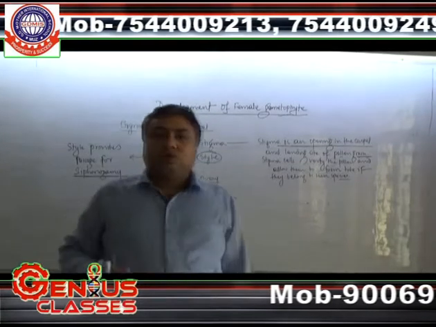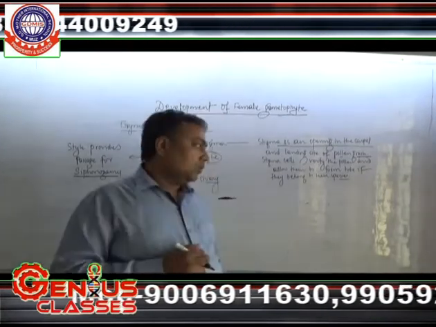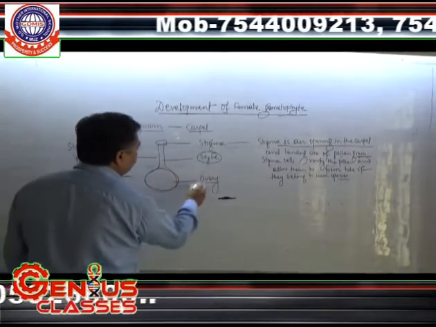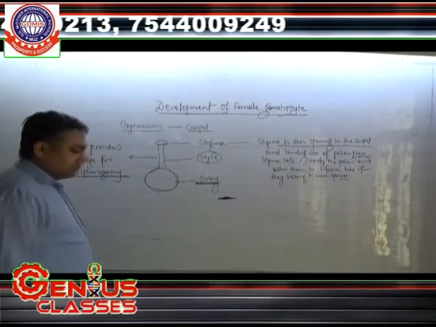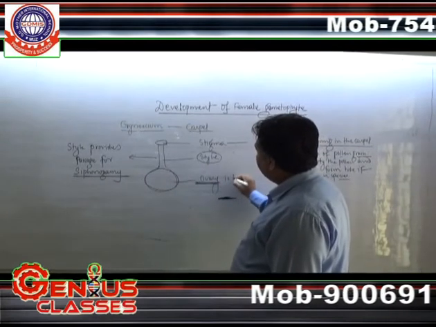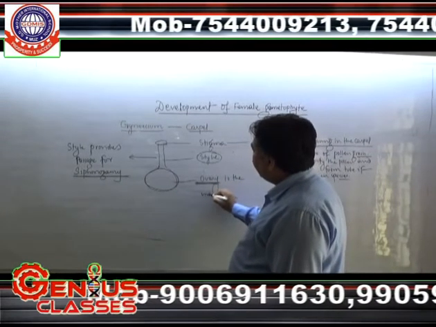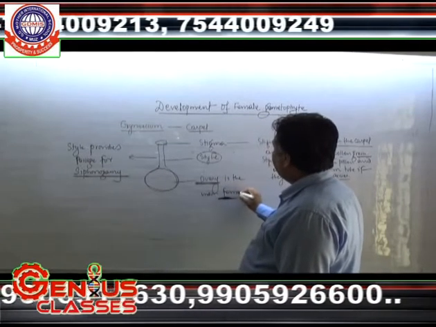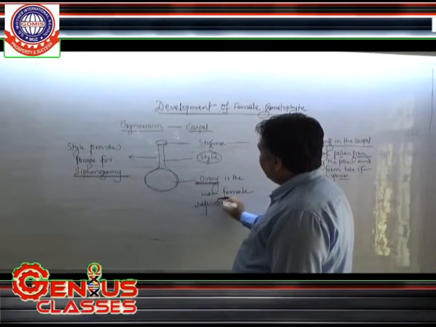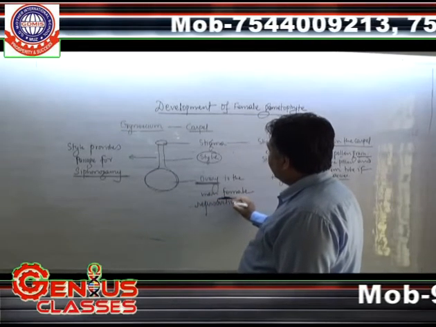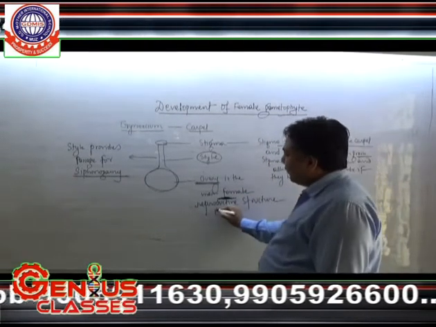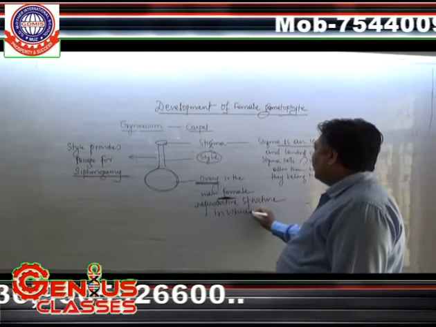Ovary contains ovules. Ovary is the main female reproductive structure in which ovules are present.